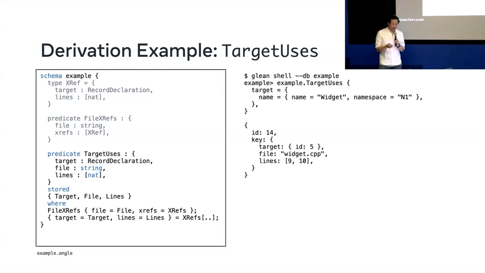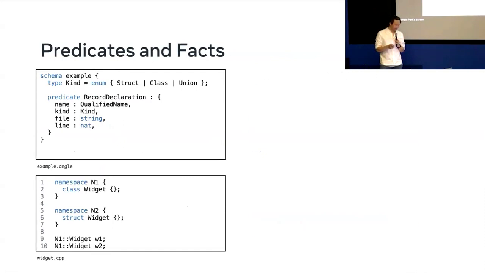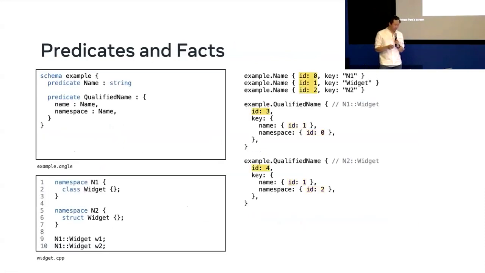So okay, let's go back to another real example, a simpler one perhaps. Let's say the qualified name thing. A qualified name has the name and a namespace, but it's indexed in order of the prefix.